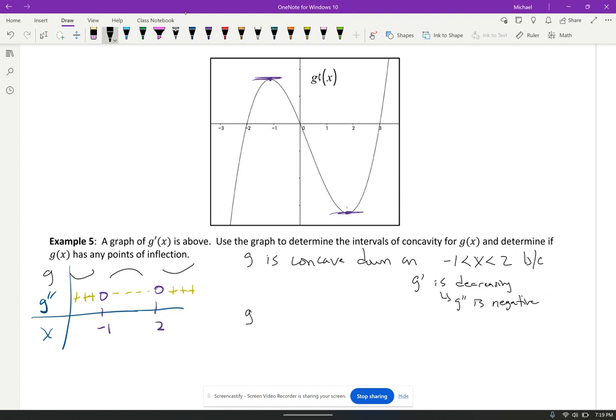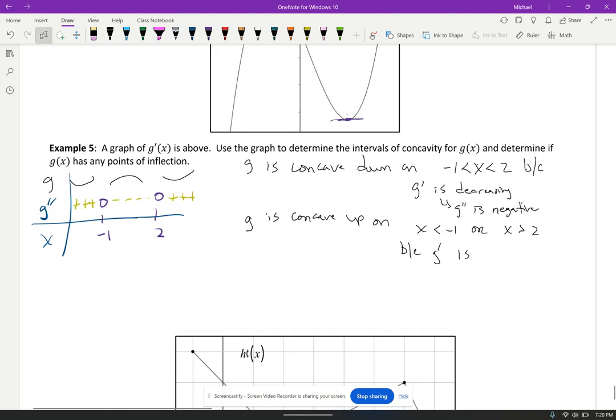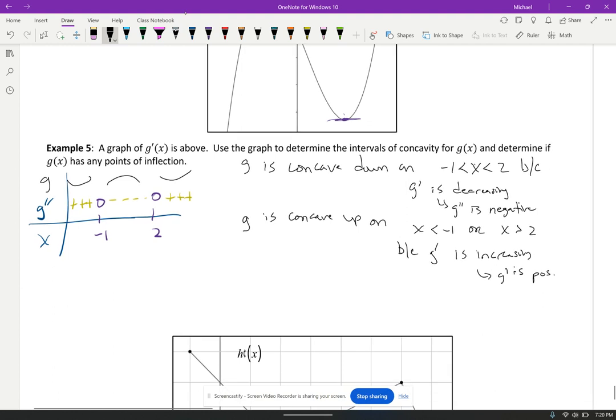I also know that g is concave up on intervals for x's that are less than -1 or x's that are greater than 2, because g prime is increasing. So the first derivative is positive. I'm sorry, the second derivative is positive.